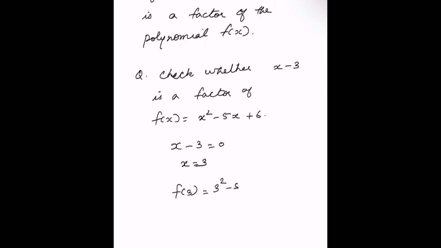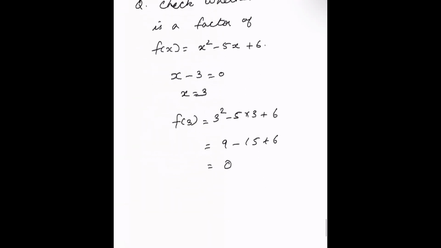It would be 3 square minus 5 into 3 plus 6, which is 9 minus 15 plus 6. Yes, it's 0. So when the value becomes 0, what does that mean? Therefore, since f of 3 equal to 0, x minus 3 is a factor of x square minus 5x plus 6.